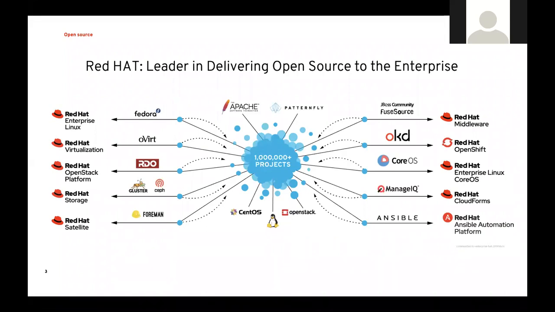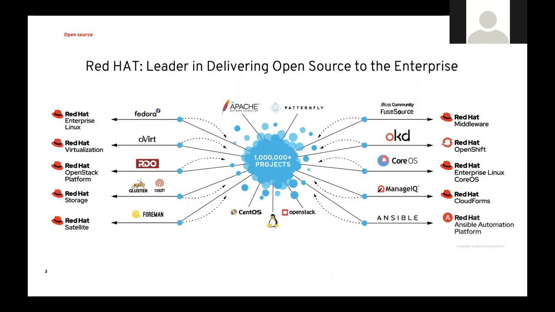And we help build, and we help promote, and we participate in these projects. And we come up, as you can see on the edge, with open source products that are integrated out of these projects. So for example, we have the Fedora project for the Red Hat Enterprise Linux. We have oVirt for the Red Hat Virtualization, RDO for OpenStack, and so forth.